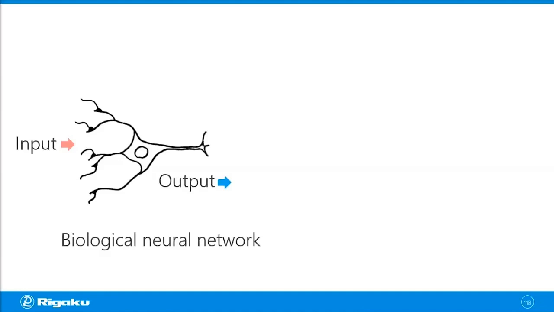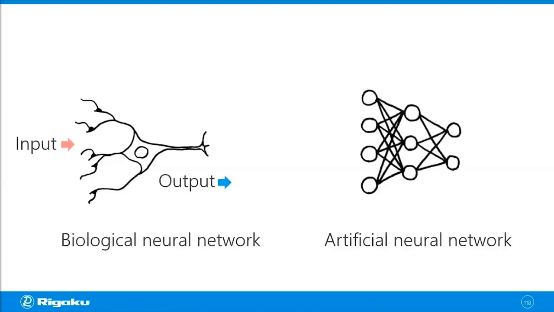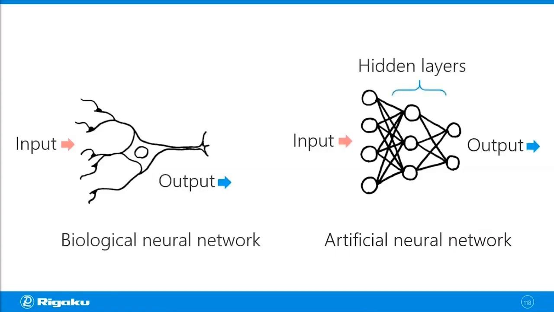So back in about the 40s, some people thought that, well, if we can explicitly code how to do what we do, maybe we can make a program that mimics the biological neural network and let it do its thing to learn how we do what we do. So you can put an input into an artificial neural network and take an output, and you can have some hidden layers in between.